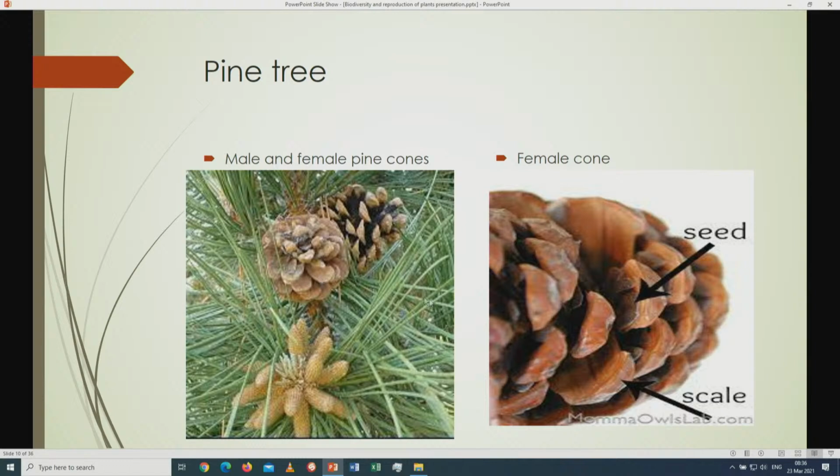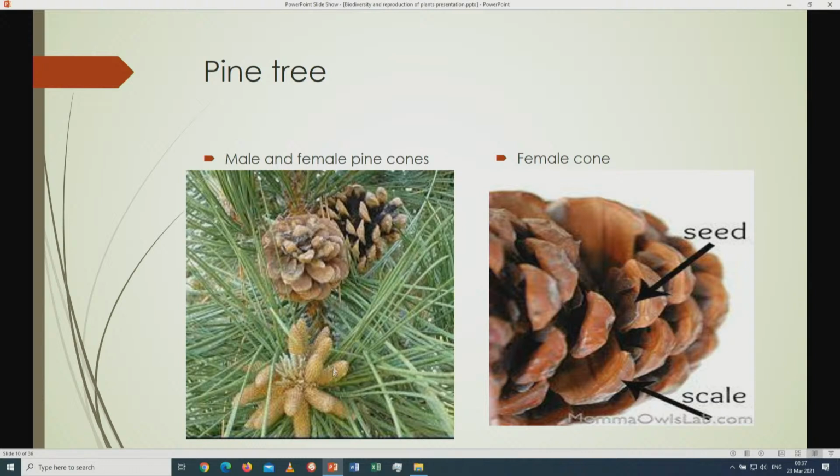Here we have a structure of a pine tree showing the leaves, which look like needles, and the cones. A pine tree has male cones, which are found in clusters.